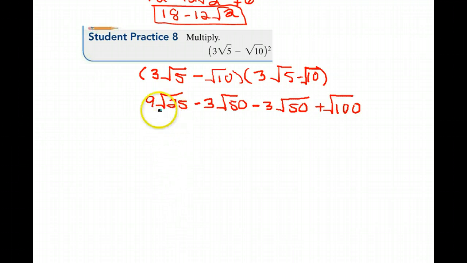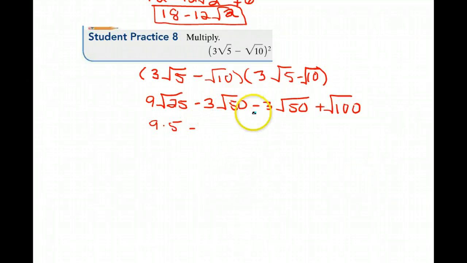Starting the simplification process, the square root of 25 is 5. So we will have 9 times 5 minus, we can combine our negative 3 root 50s.